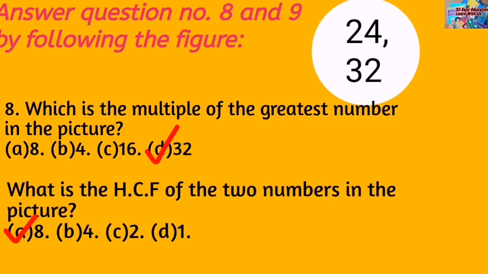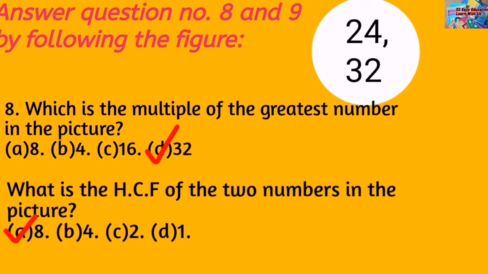Here we have a figure and we have to watch the figure carefully and then answer number 8 and 9. In the figure it is written 24 and 32. Number 8 is, which is the multiple of the greatest number in the picture? That means the answer can be a multiple of 32, because in the figure it is the greatest number. 32 ones are 32.